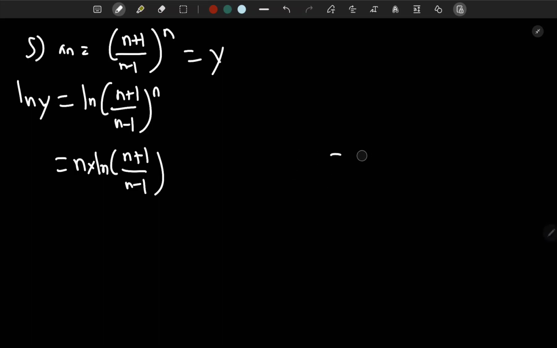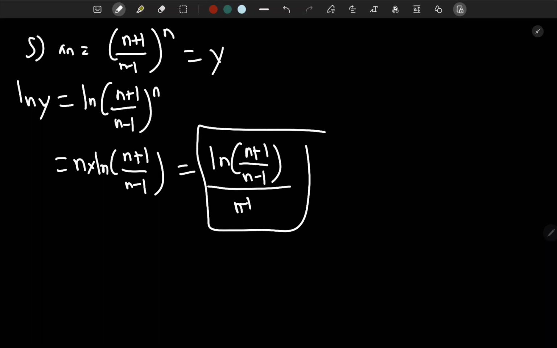So our next fraction will be equal to ln of (n plus 1 over n minus 1) over n to the power of negative 1. Now we have a fraction so that we can use L'Hopital's rule. Let's differentiate the numerator and the denominator.